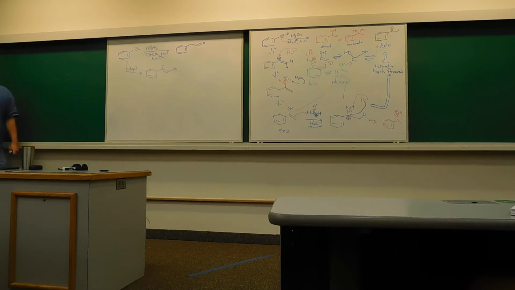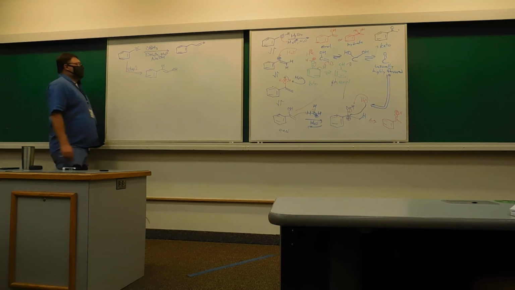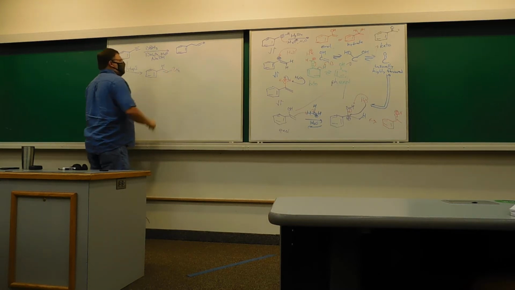So there's your anti-Markovnikov addition of water: OH on the less substituted carbon, H on the more substituted carbon. That is actually, no, that's not, that wouldn't be the product of step one, sorry. That would be the product of step one.